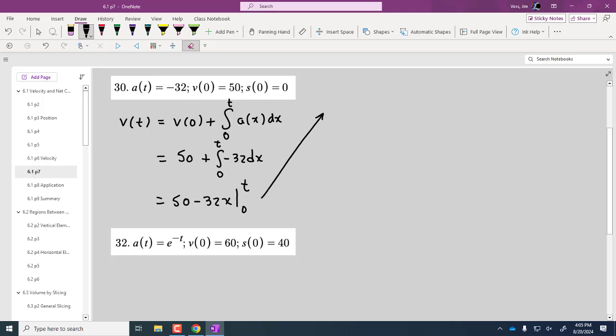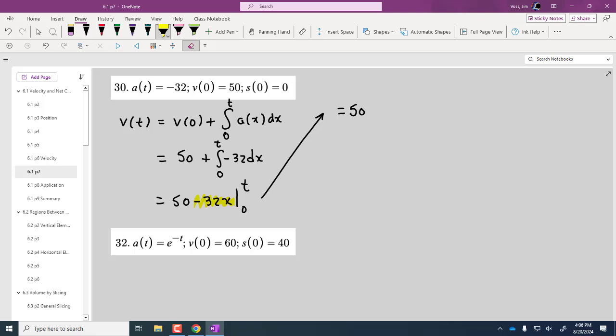And this will give us, so once again, I want to point something out here that's super easy to overlook. The highlighted part here, that's the antiderivative. The t and the 0, that's what they're getting substituted into. The 50 is not part of the antiderivative. The 50 has to stay out in front.